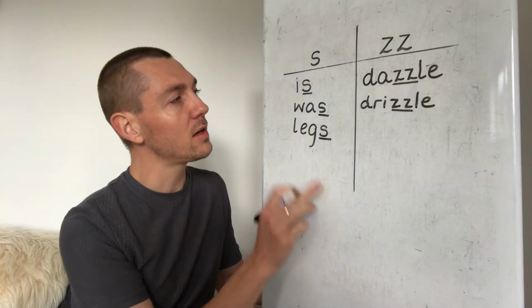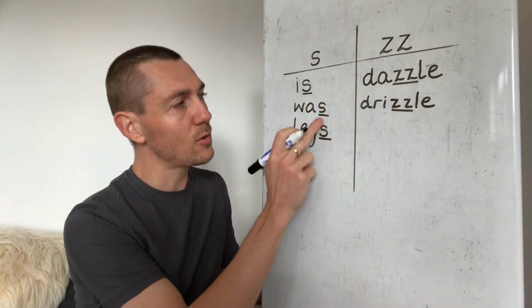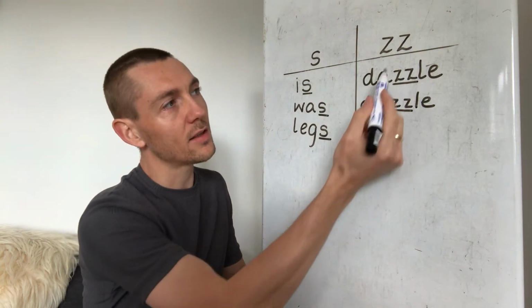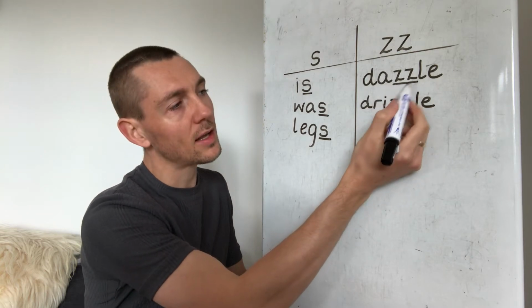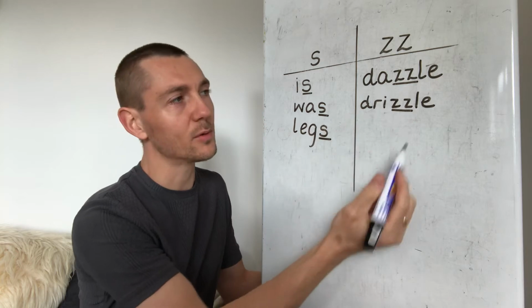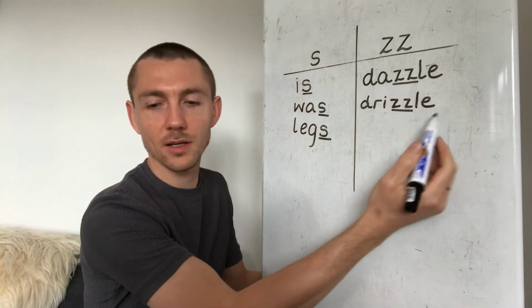Well, so far, the S spelling of Z is always the final sound in the word, isn't it? Whereas the double Z spelling of Z, so far, is in the middle. It's the first sound in the second syllable. Da, zul, dri, zul, and so on.